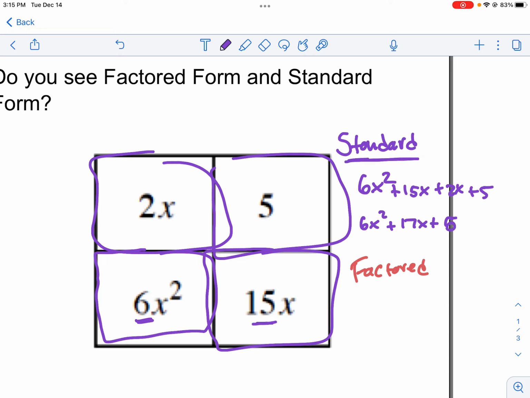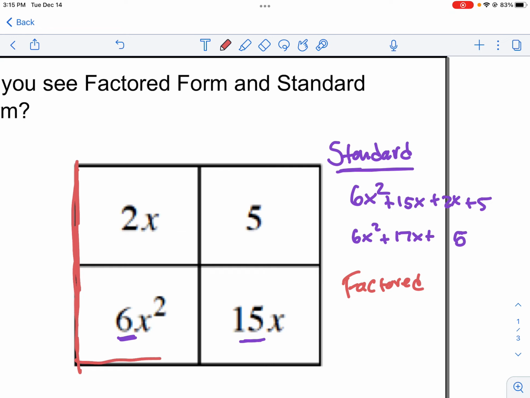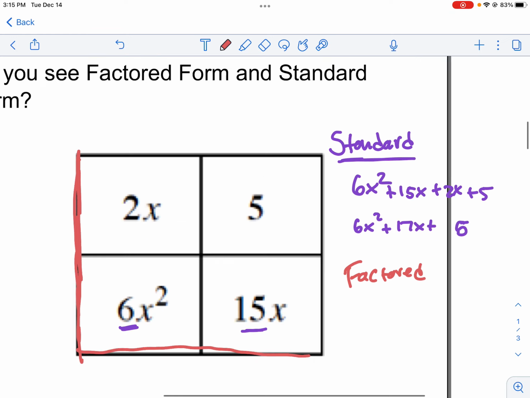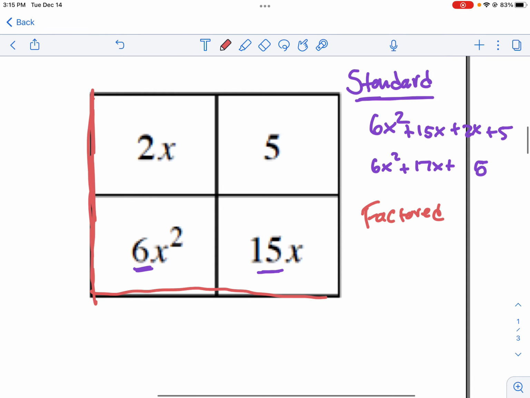Factored form is a little bit hidden. Factored form is the area written as a length times a width. And I think this is really cool. So what you do is you look at these and say, if I were to write the length and width of this first box, how would 6x squared be split up?